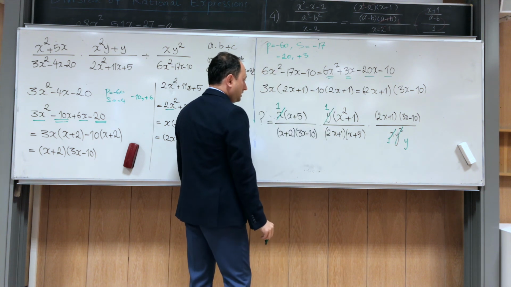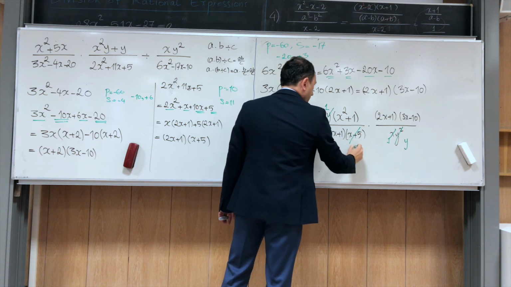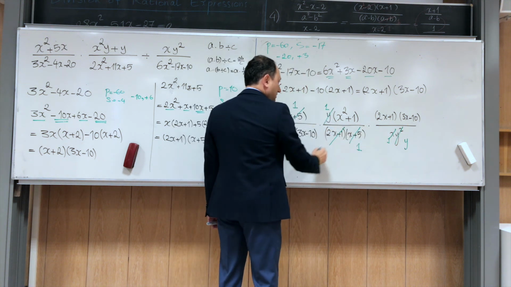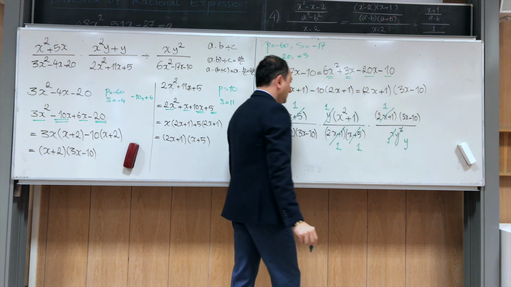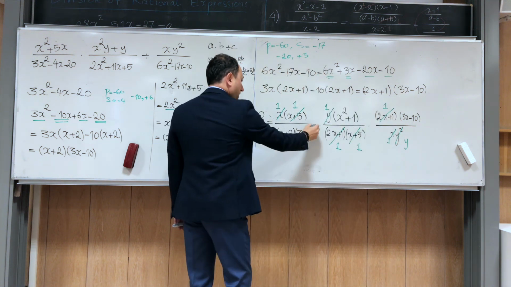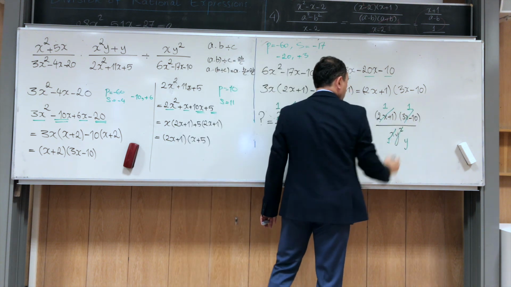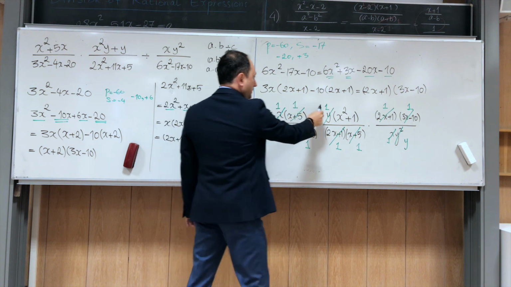And then what is left more? So this x plus 5 is 1. This x plus 5 is 1. And this 2x plus 1 is gone. This 2x plus 1 is also gone. And then this 3x minus 10 with that 3x minus 10. Okay, so what is left in the numerator? 1 times 1 times 1.